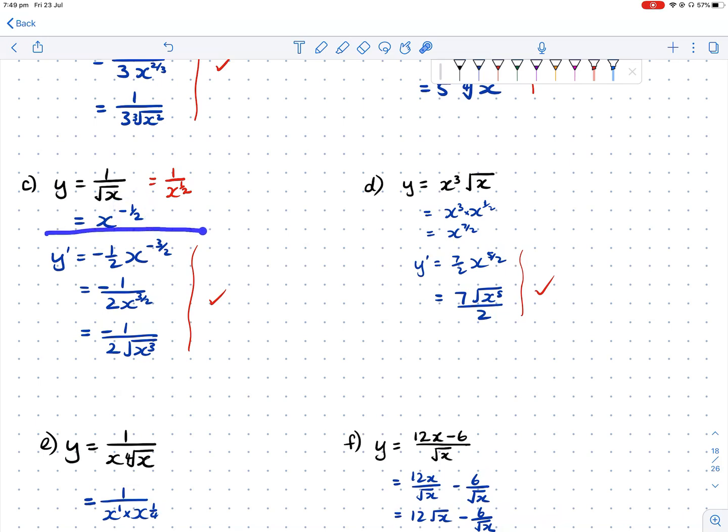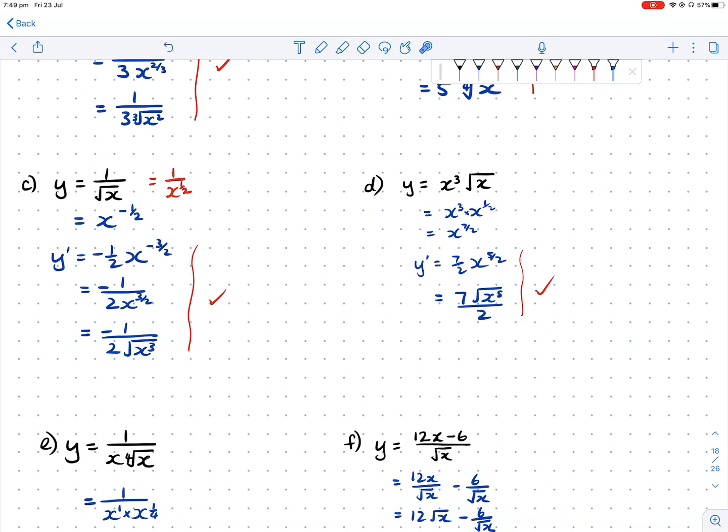We need to do all of that working first before we can start the differentiation process. So we've worked out what x looks like as a power, and then when we differentiate, we bring the power down, so I've got the negative half, minus 1 off the power, and that's negative 3/2. Make sure you leave those as improper fractions, because as an improper fraction you can then split it as a root with a power inside of it.